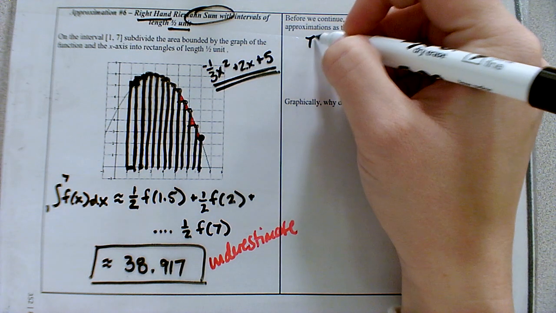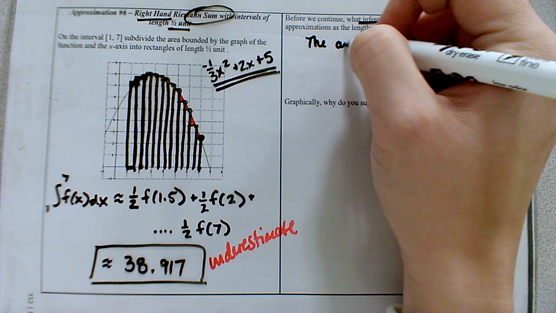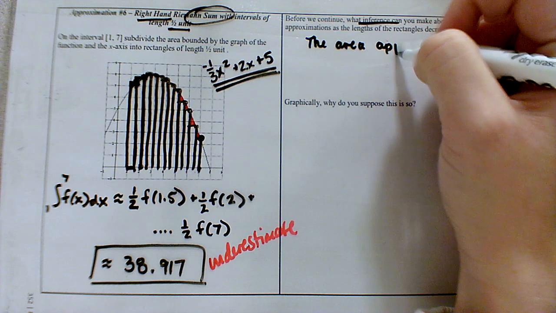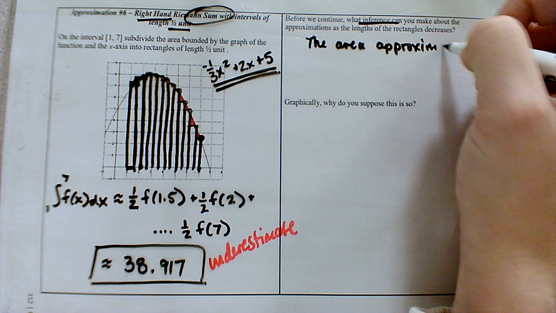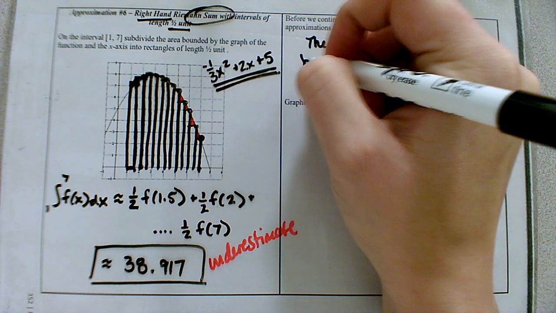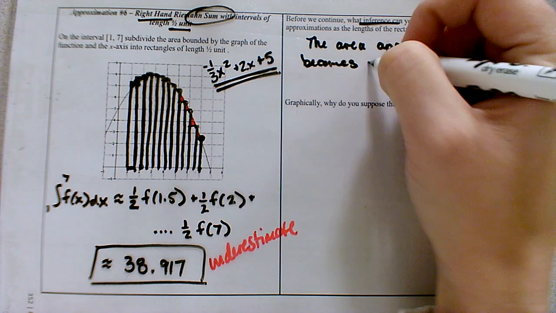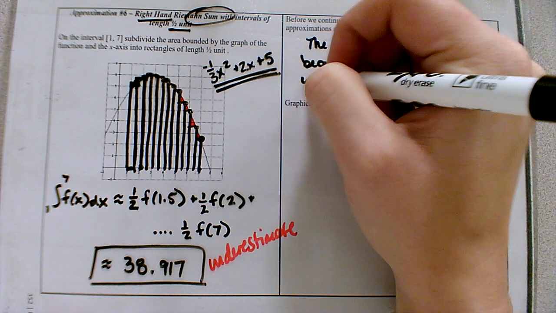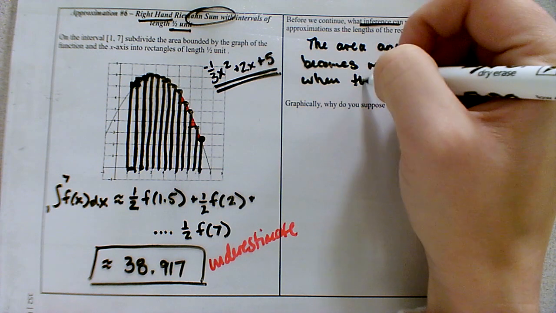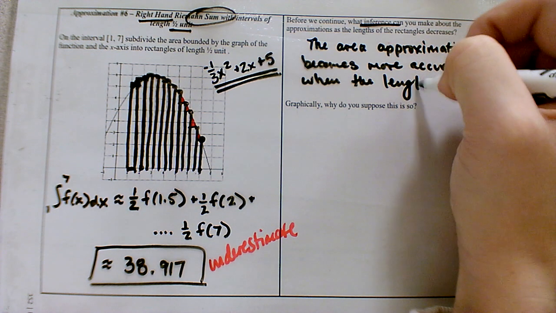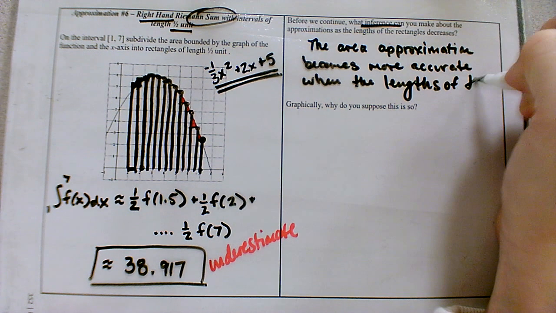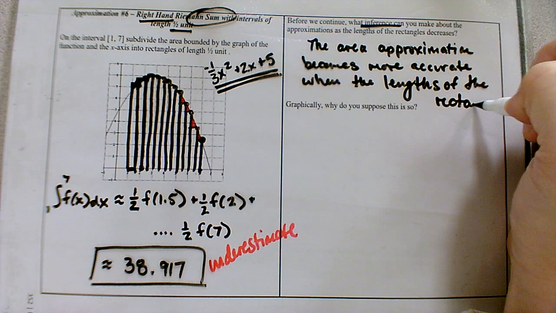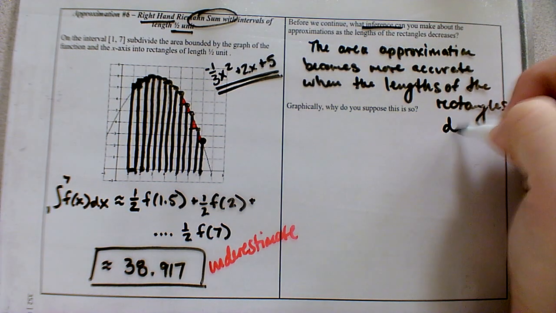We can say the area approximation becomes more accurate when the lengths of the rectangles decrease.